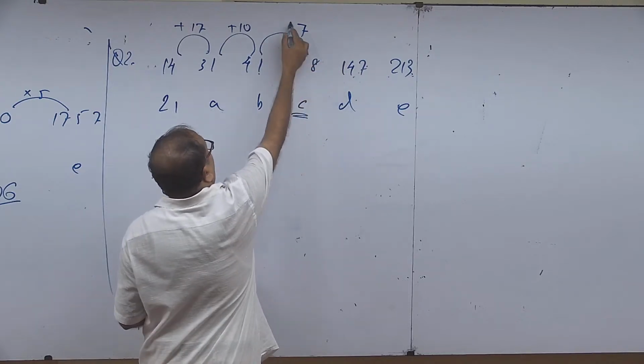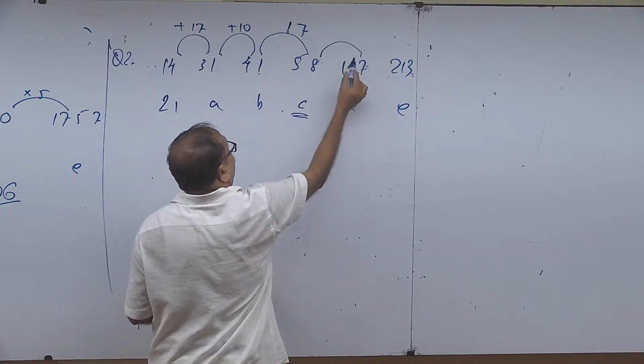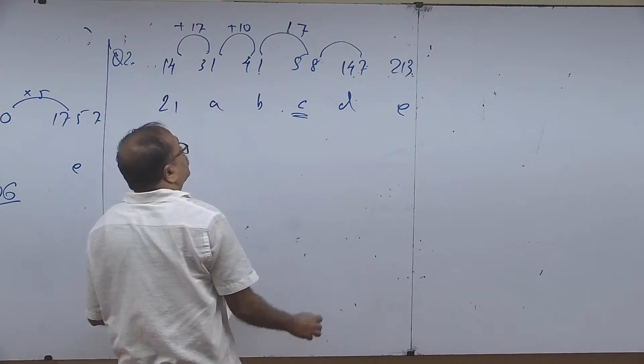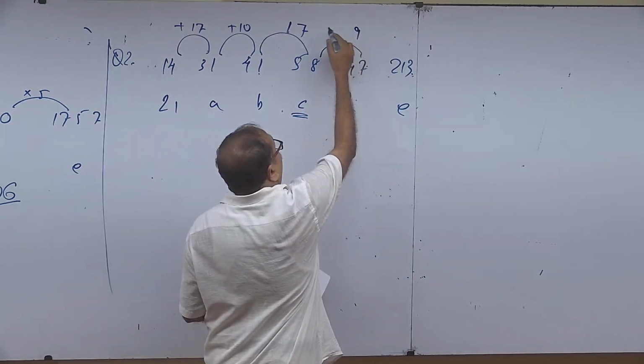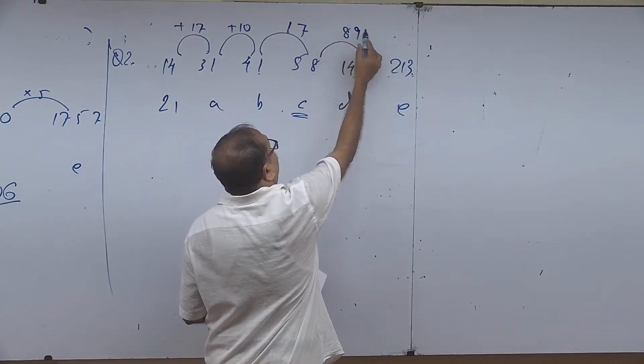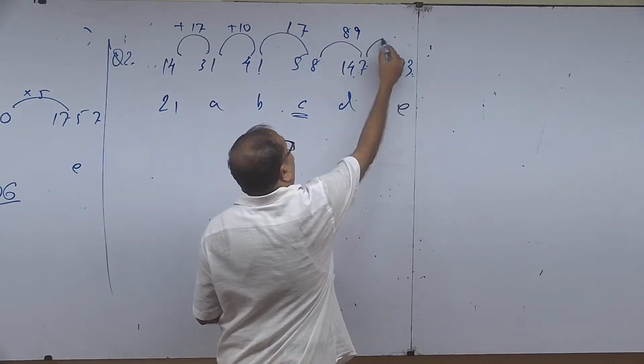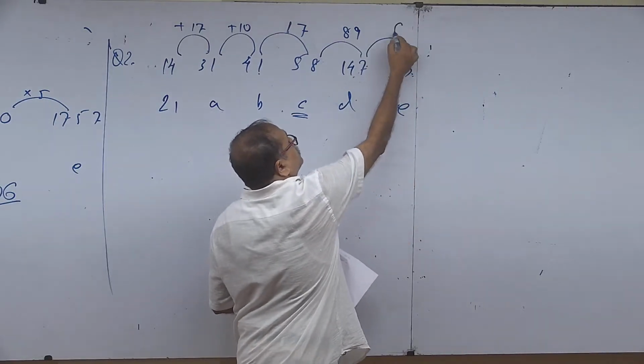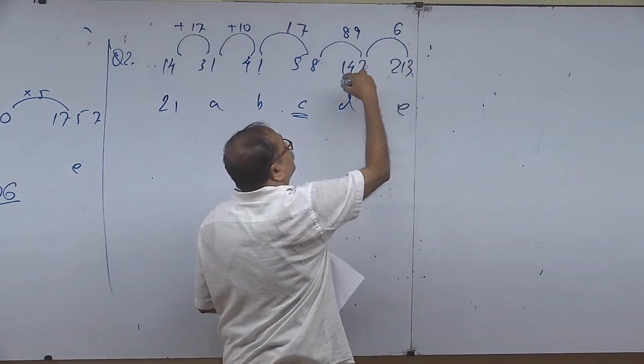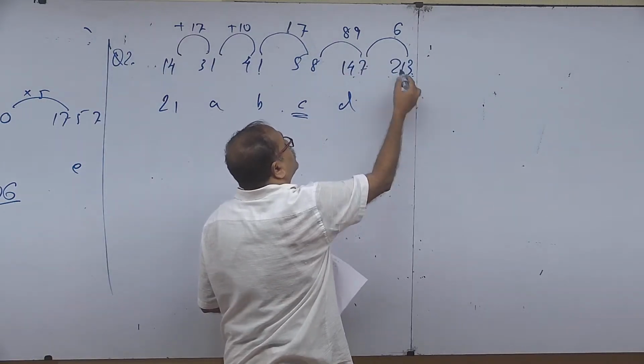What is the difference here? 8 plus 9 is 17, carry 1, 5 and 1 is 6, and 6 plus 8 is 14, and from here to here 7 plus 6 is 13, carry 1, and 14 and 1 is 15, and 15 plus 6.